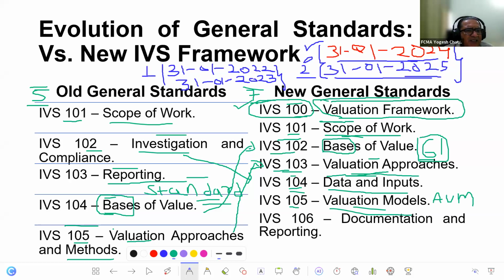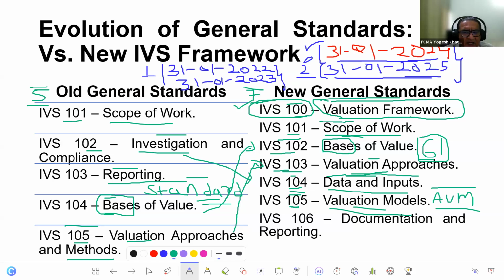Actually, machine is competing with man in providing services. So now valuation is also not left behind. So now the use of AVM, automated valuation model, is formally recognized under IVS 105.